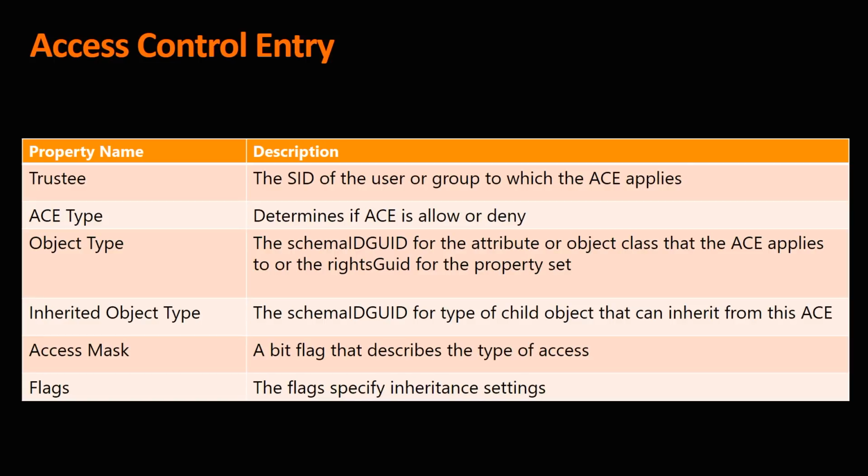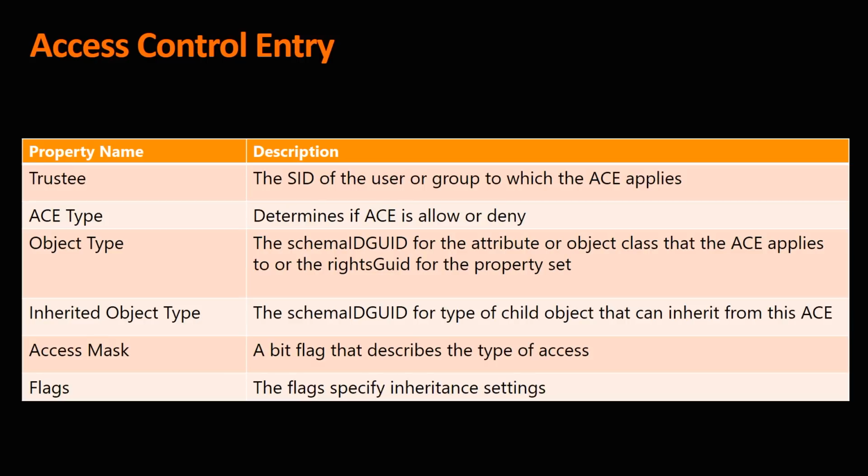Object type. This is stored as the schema ID GUID of an object type to which the ACE applies, or the rights GUID if this is a property set. Obviously, we don't work with GUIDs as humans, so normally we have to resolve the GUID to a textual representation.